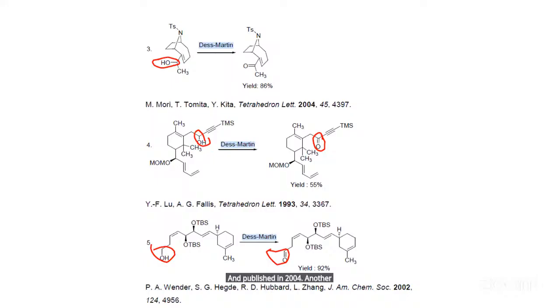Another one, conversion of a secondary alcohol to a ketone using Dess-Martin, published in 1993. And primary alcohol conversion using Dess-Martin is published here in 2002, where the formation of an aldehyde molecule takes place.